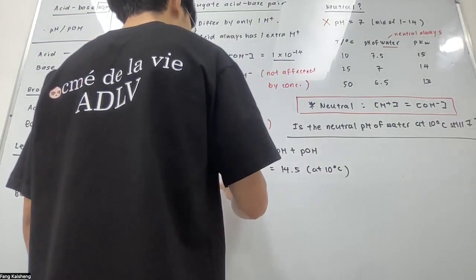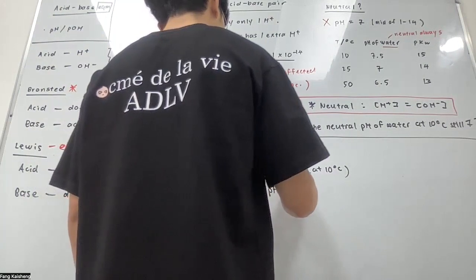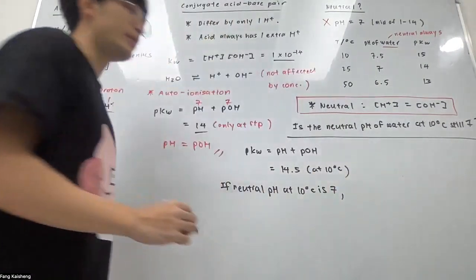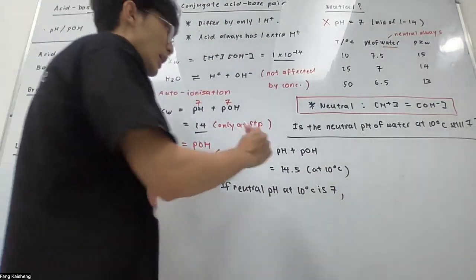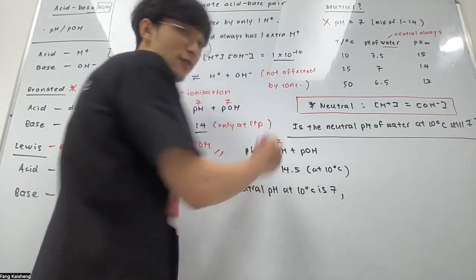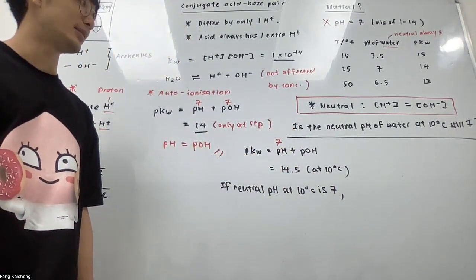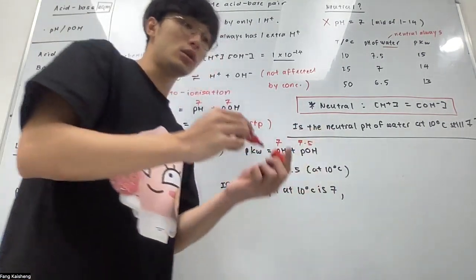If the neutral pH was indeed 7, let's just pretend the statement is correct. If the neutral pH was 7, then what is the pOH? Maths, right? 7.5. Are they equal?